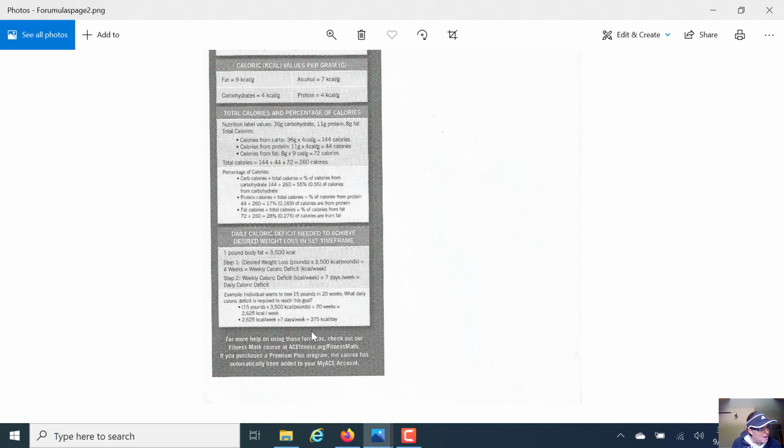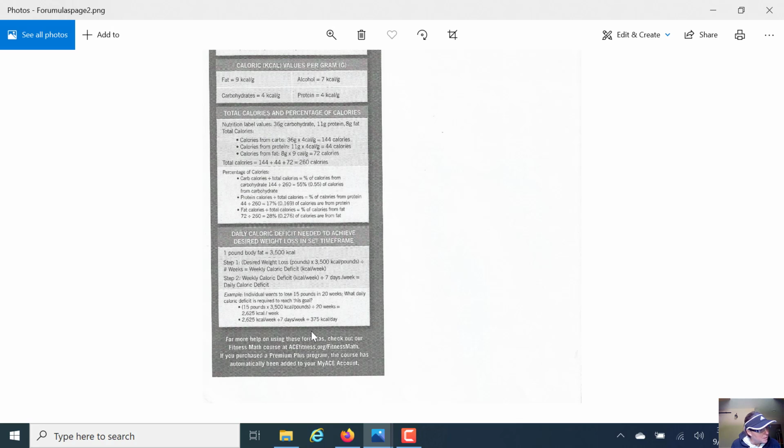Then you divide that by the number of weeks that you are going to give them to lose this weight. In step 2, you take that weekly caloric deficit, the answer from step 1, and divide it by 7 days in the week, and that would tell you what their caloric deficit per day would be.